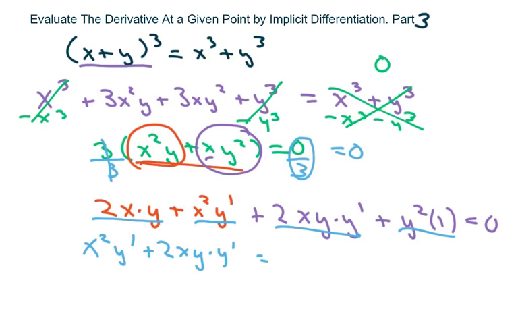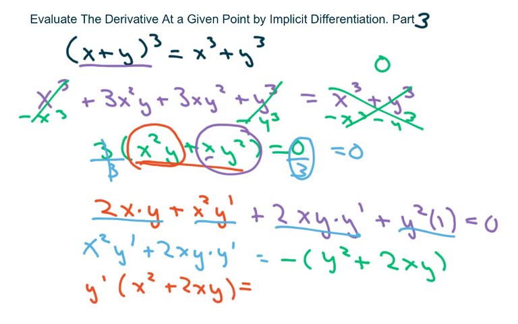So that's going to be, and I'm going to just pull out a negative. So that's going to be y squared plus 2xy. I also can factor out the y prime here. So you can get x squared plus 2xy equals this.